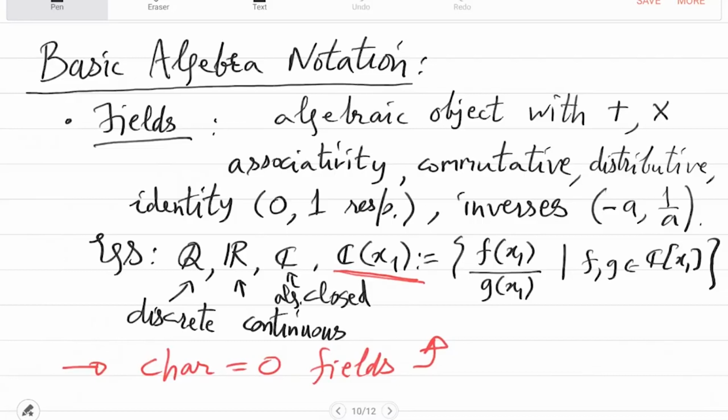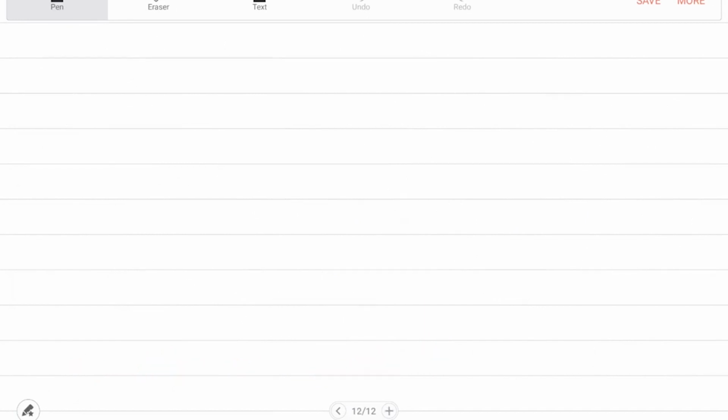So now you have fields. Did we talk about rings? Yeah, we should also talk about rings. So a ring is like fields, but not quite.